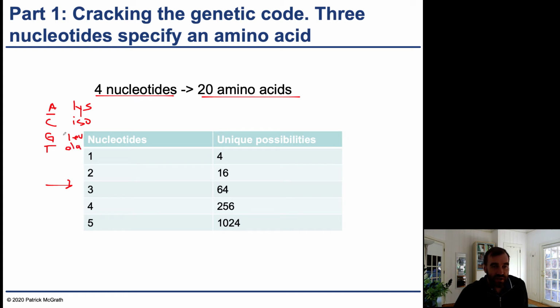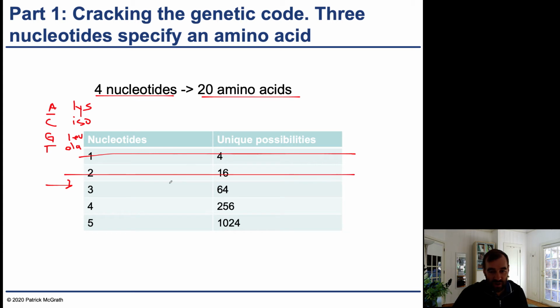But of course, if this was the case, then we wouldn't have any way to specify the other 16 amino acids. And so, this consideration just led the researchers to say, okay, it cannot be a singlet. It can't be 2, because if we calculate how many possible combinations there are of 2 nucleotides, there's only 16, and 16 is less than 20. With 3, however, we can now do 4 times 4 times 4, so there's 64 possibilities.